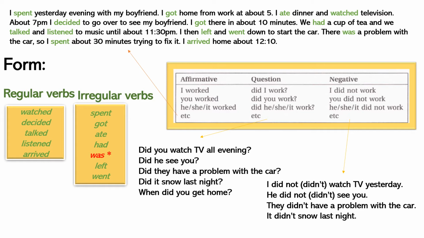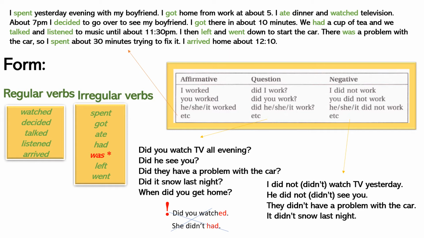Regular verbs are made in the same way as those of irregular verbs. But please note and remember, we do not add ed to the verb in negatives and questions.